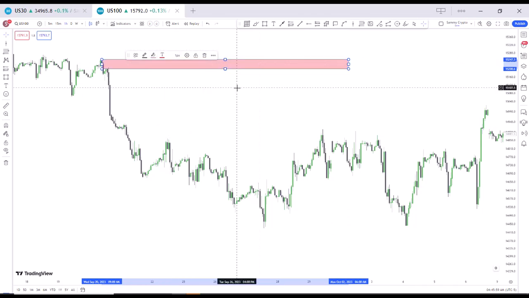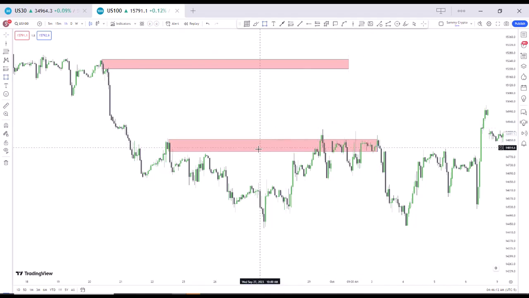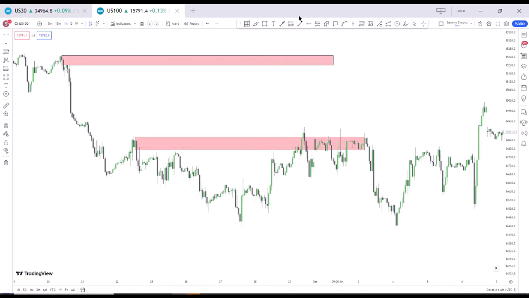And you also have another supply here which has a lot of break of structure. I think the way you know it is for a supply or a demand to be valid, it needs to have a break of structure. I think that's how it's commonly said, right? It needs to have a break of structure, and it needs to be leaving that zone impulsively, something like that, if I'm not mistaken.